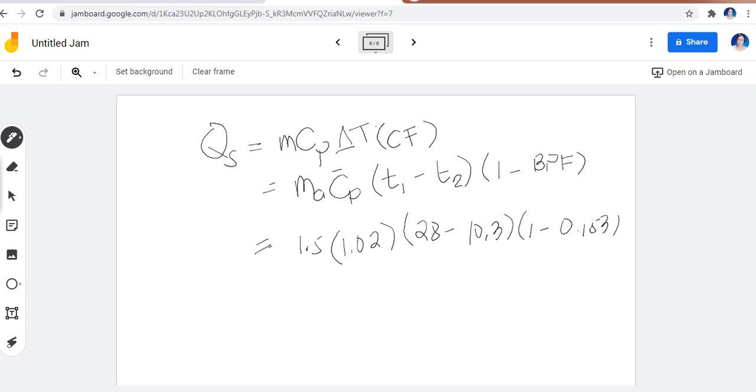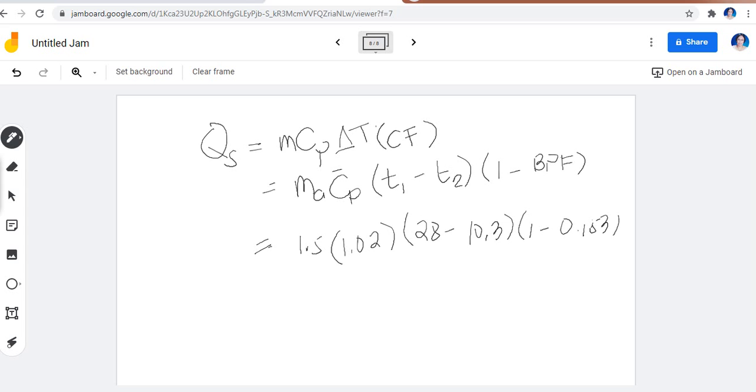So take note of this. Accounting for sensible heat in the case of cooling with condensation, or cooling with dehumidification, has this correction factor, the contact factor, in the standard fundamental formula for sensible heat transfer from thermodynamics.